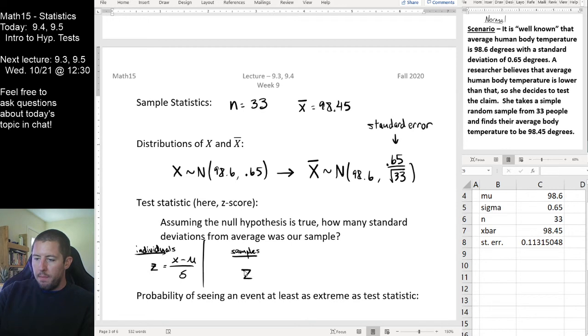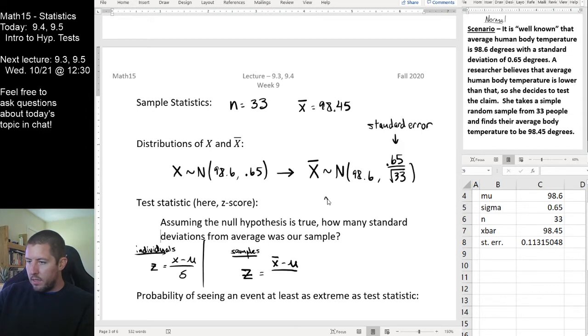We just need to upgrade what our actual terms of interest are. We're no longer collecting just one single x. We're now collecting an entire x bar, an entire average from a group of people. So we're going to get x bar minus mu. We're going to say how far was our sample average from the population average. And now, instead of just dividing by the standard deviation of one observation, we're going to divide by our new standard error term that we got right here.